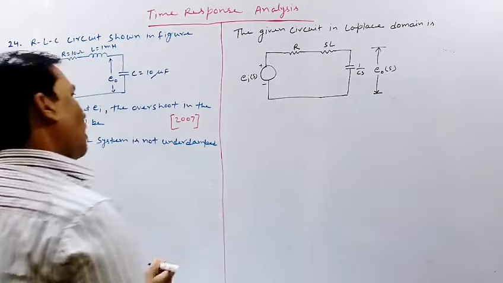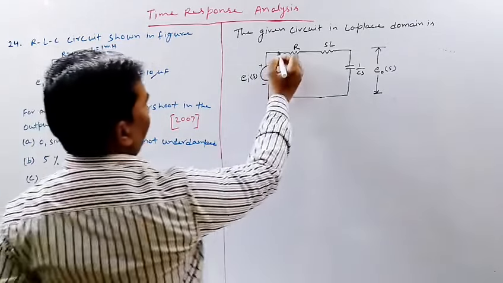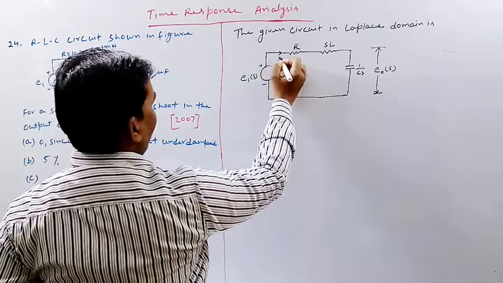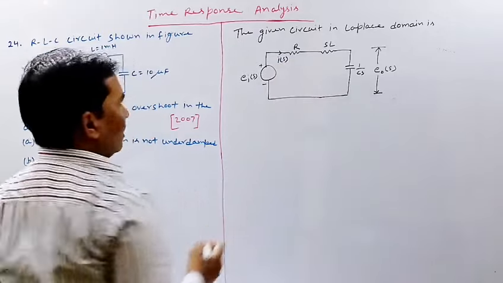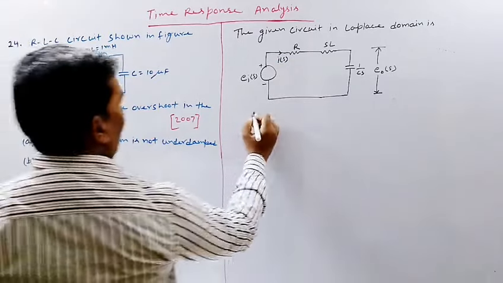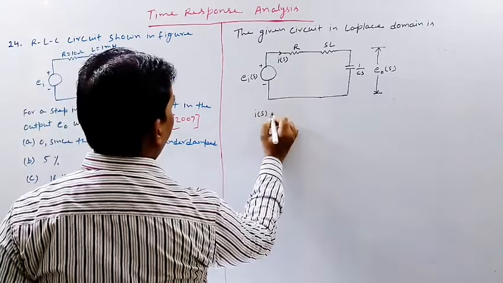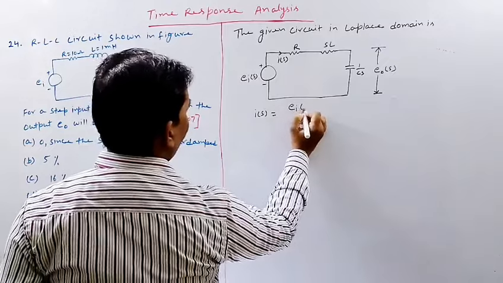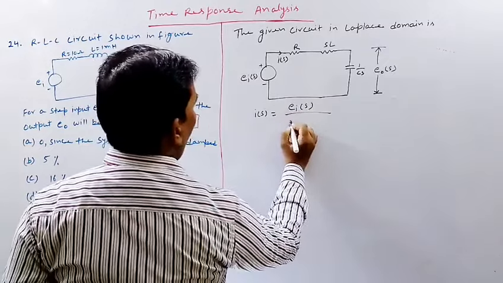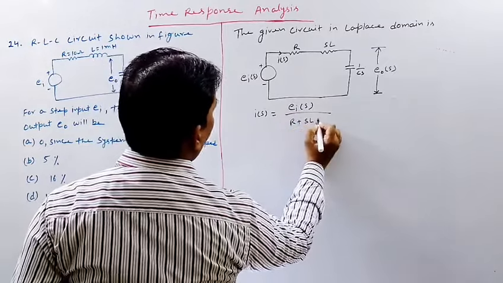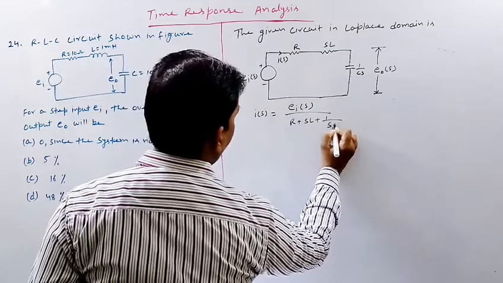Now if we take the current flowing as IS, then what is IS? IS will be nothing but EIS divided by R plus SL plus 1 by SC.